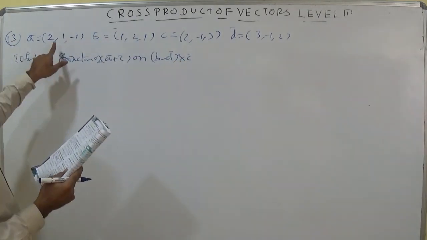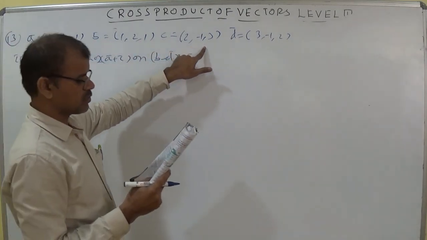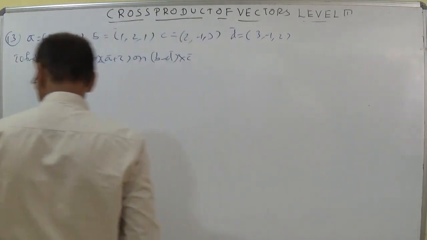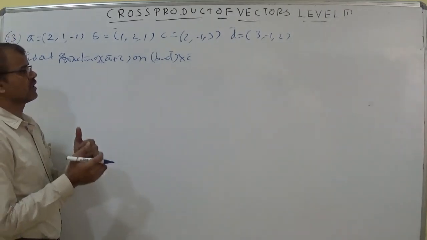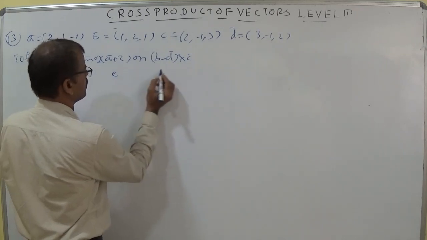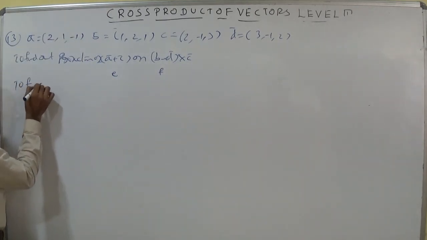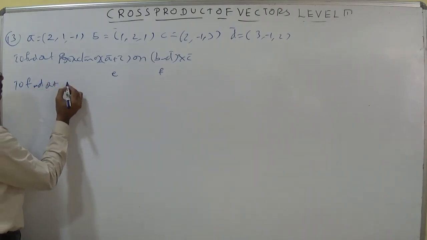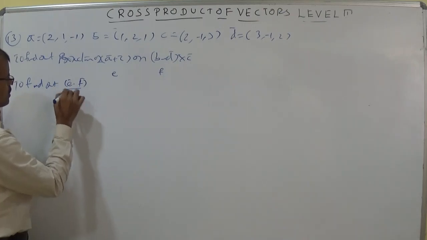Write the data: A is equal to 2 comma 1 comma minus 1, B is equal to 1 comma 2 comma 1, C is equal to 2 comma minus 1 comma 3 and D is equal to 3 comma minus 1 comma 2. There are 4 vectors. You should calculate the projection of the first vector on the second vector. Let it be E, let it be F. To find out, we should calculate E bar dot F bar by modulus of F bar.